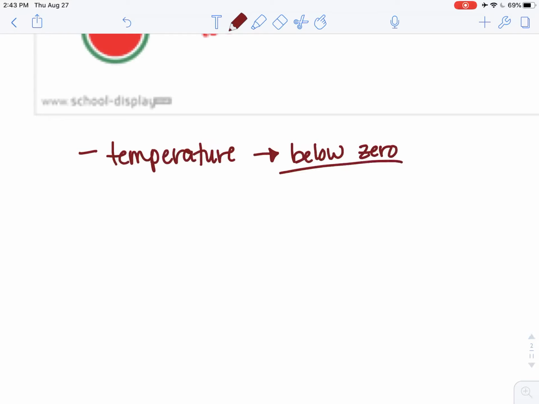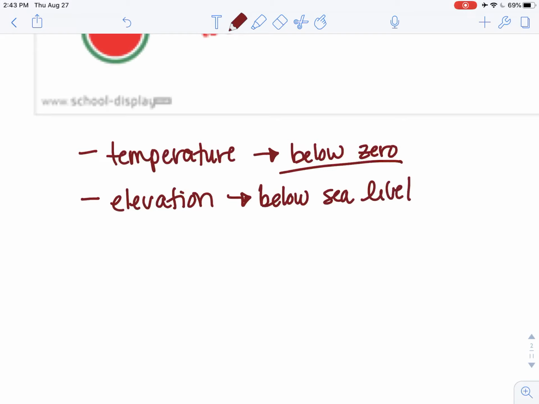If we are talking about Celsius, that means freezing temperatures, okay? We can also use negative numbers when we're talking about elevation. This is below sea level, meaning it's lower than the level of the sea. We can also use negatives to represent money, and that's not a good thing. That means we are in debt or we owe money.